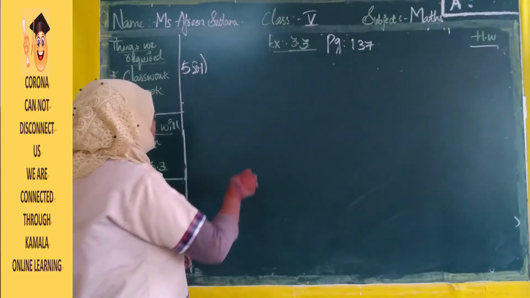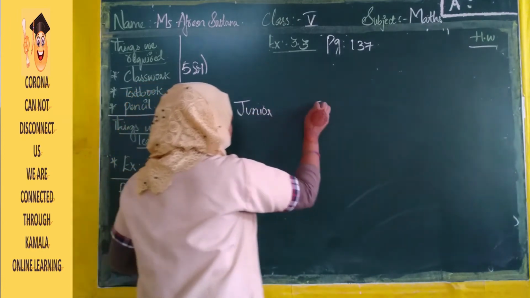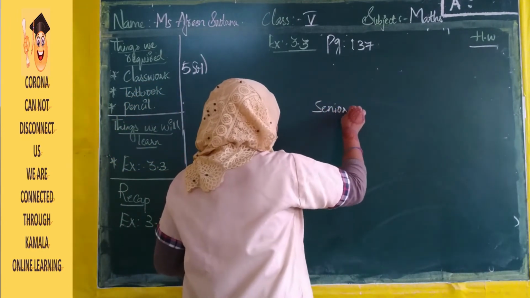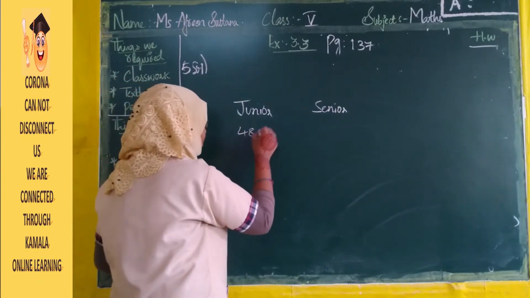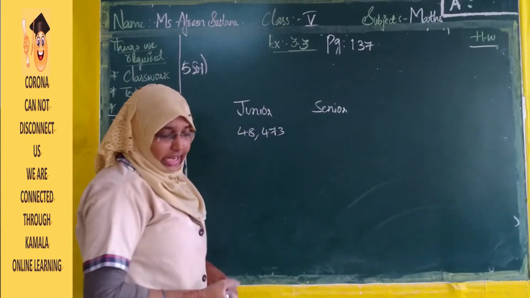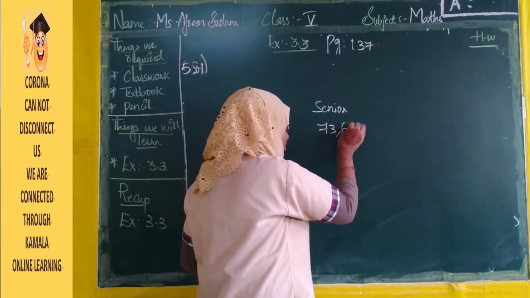So here Universal School has 2 libraries, a junior library and a senior library. The junior library has 48,473 books, whereas the senior library has 73,602 books.